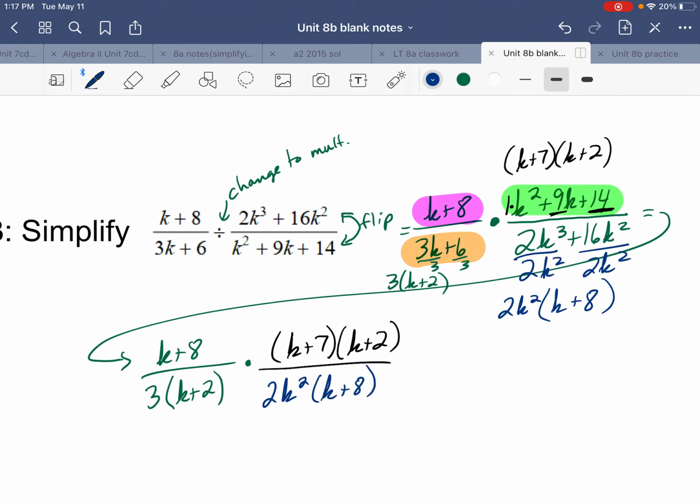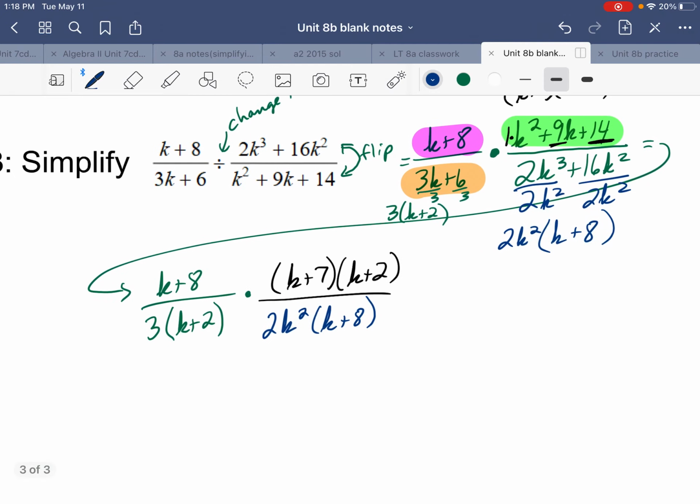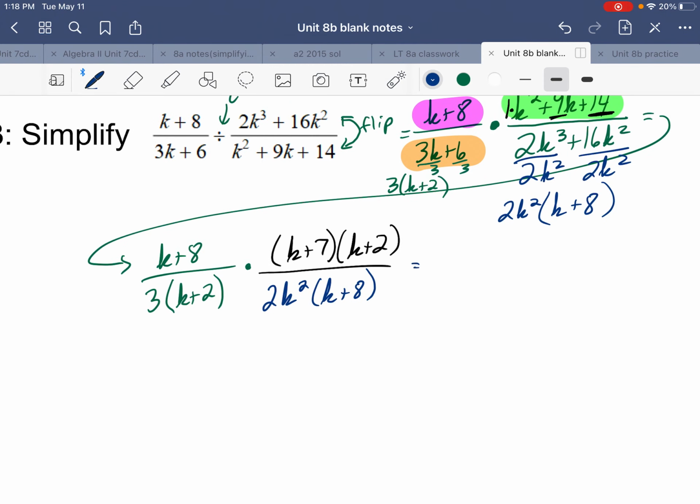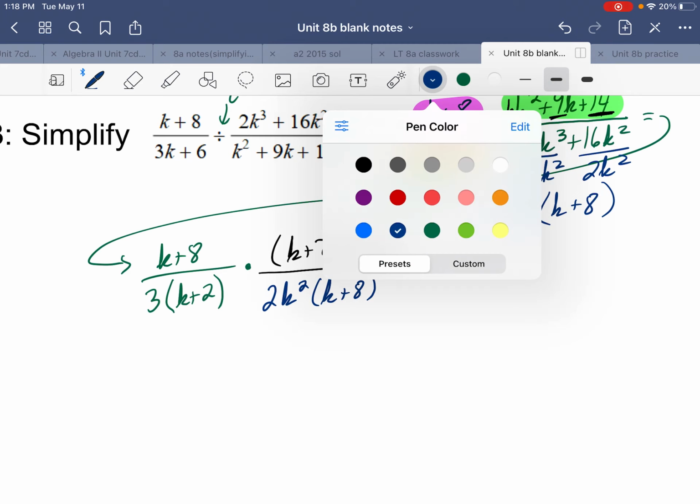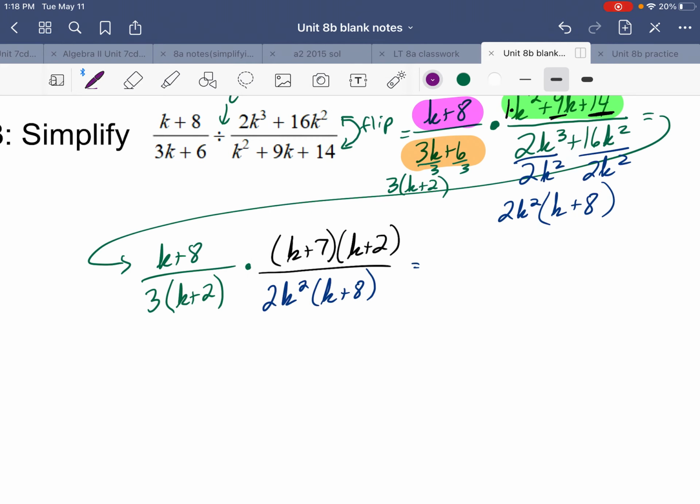All right. Now we're going to look at it. I'm going to rewrite this all as one fraction, k plus 8 from the first fraction, k plus 7 from the second. These are all your numerators and all the denominators.